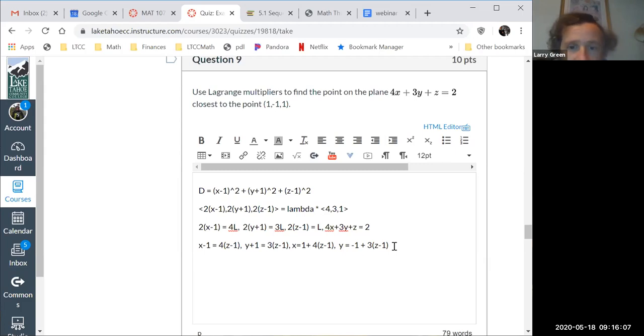Okay, now I can take the x and y equations and put them into my constraint equation, and we get 4 times the x plus 3 times the y plus z equals 2. Any questions on that?